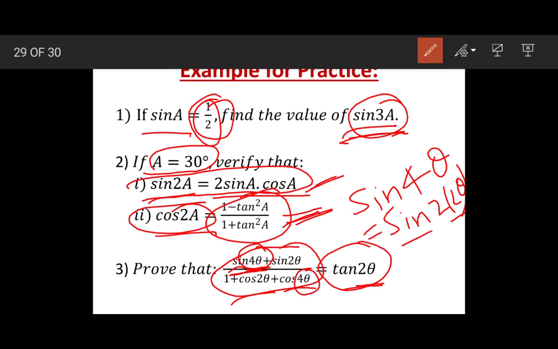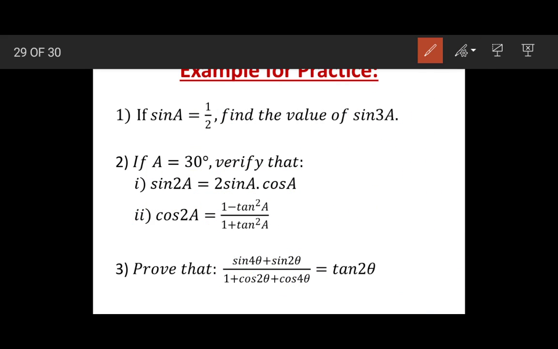Then apply the sin 2 theta formula, so that will be 2 sin 2 theta into cos 2 theta. Similarly, you have to reduce this 4 theta to 2 theta. So these are 3 examples for you, you have to solve these.